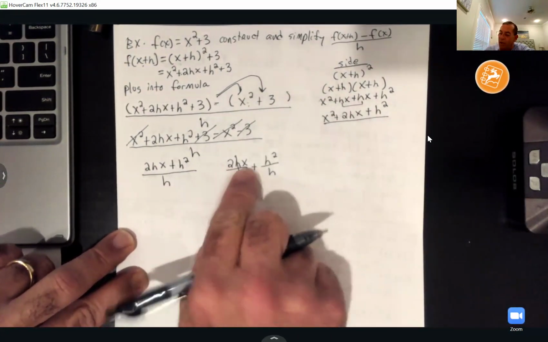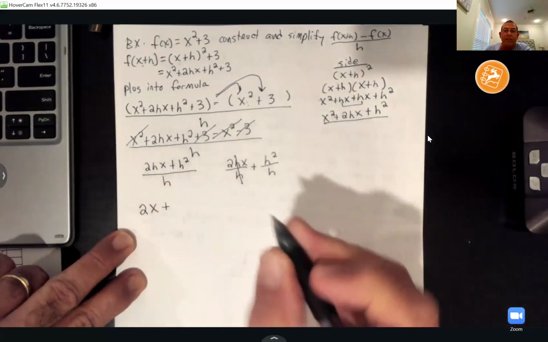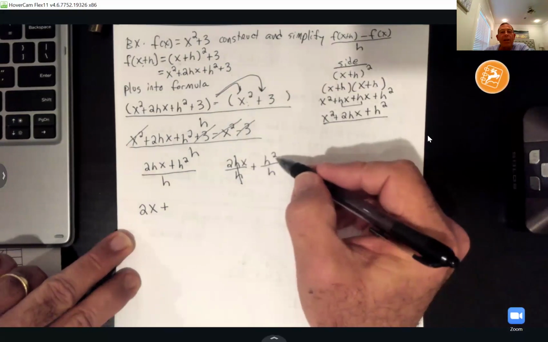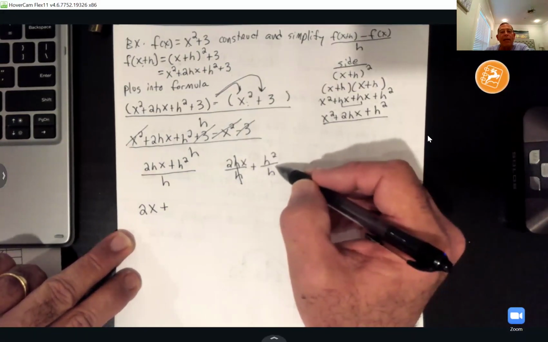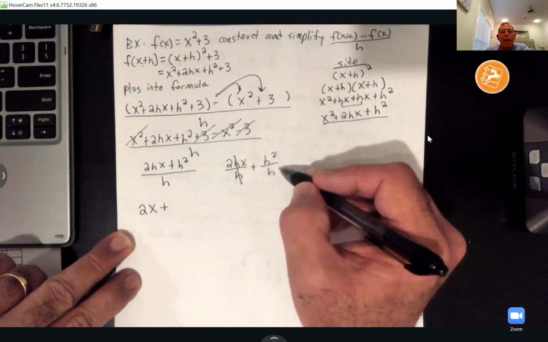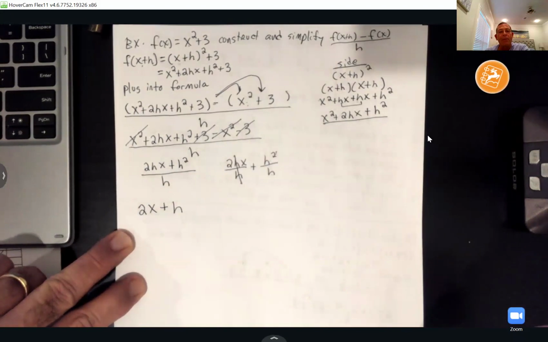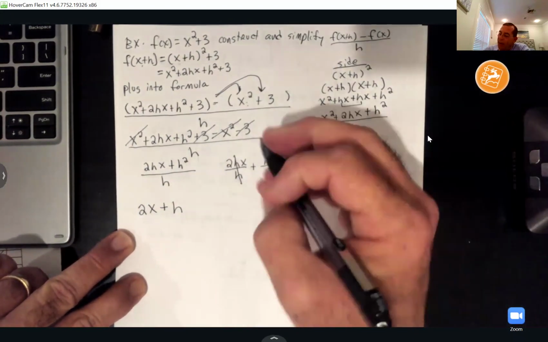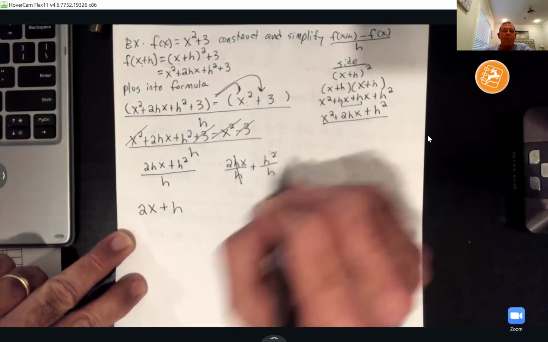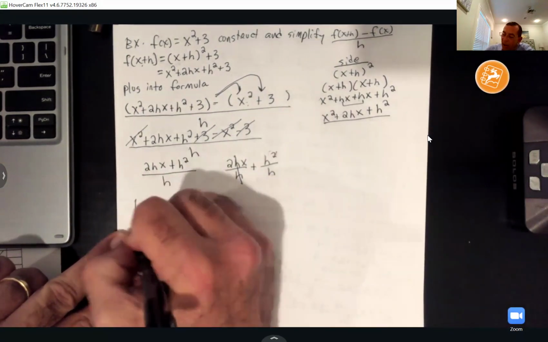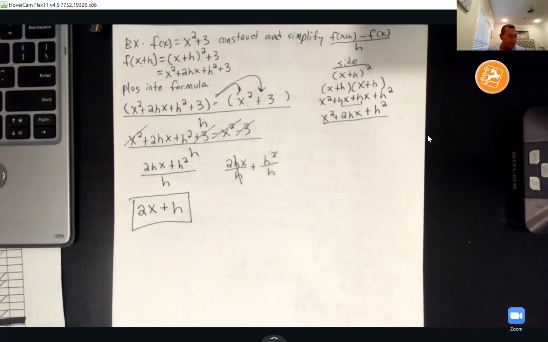All that's left is 2x. And that'll be plus. So right here, you got an h squared over h. Subtract exponents. 2 minus 1 leaves me 1h. And we're done. So remember, one of these h's cancels with one on the bottom, leaving 1h. And y'all, that right there would be my final answer.